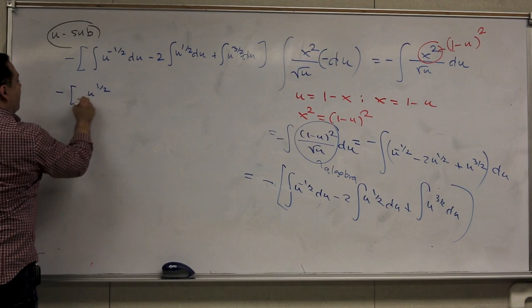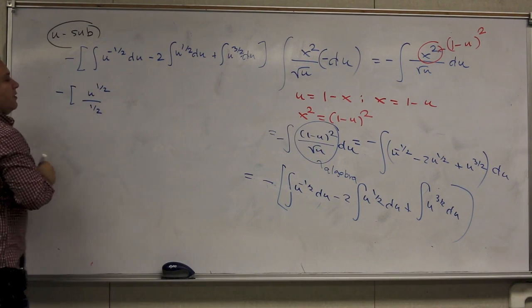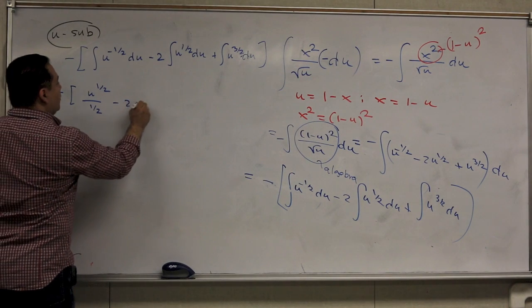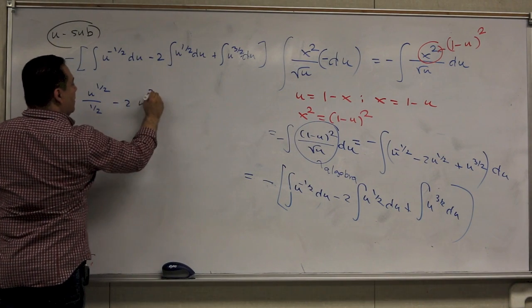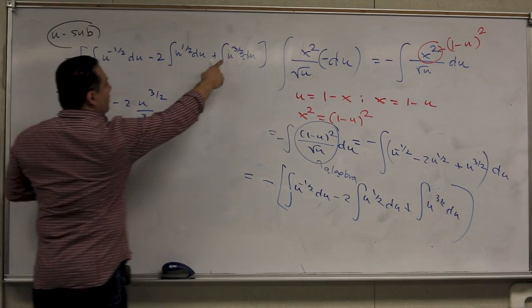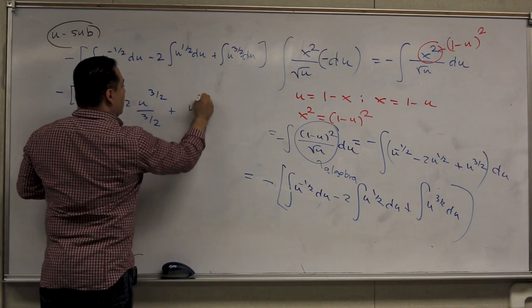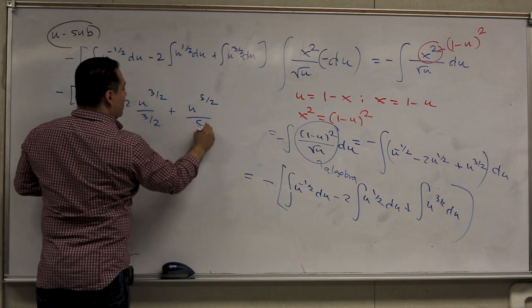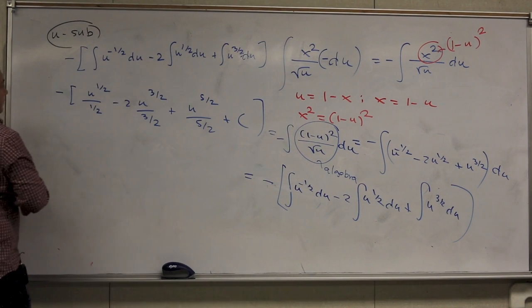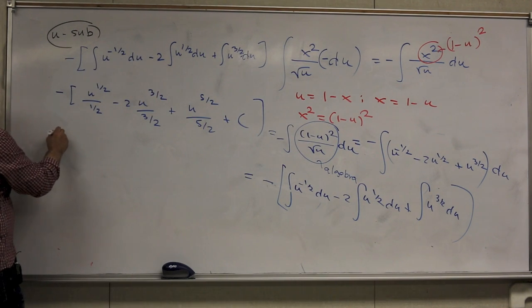So what is this? That u to the 1/2 over what? 1/2. Isn't this by power rule? Add 1. Minus 2u to the, what's 1/2 plus 1? 3/2. What's 3/2 plus 1? 5/2. Just say plus your c. This is going to be what?